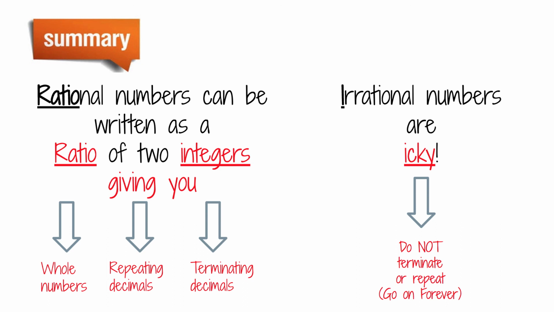If the number is irrational, it's icky. That's not a very professional way to say it. The professional way to say it would be when you are dividing values or working with values, if your final answer doesn't terminate or there's no repeating parts to it, it goes on forever, just digits, and there's no pattern to it, we call it irrational. Sometimes they're not as friendly to work with.